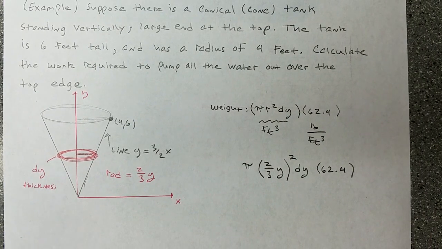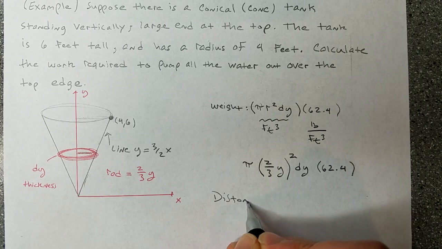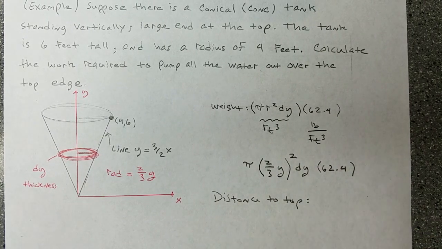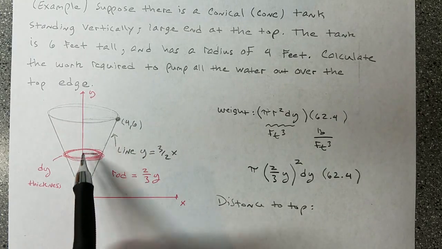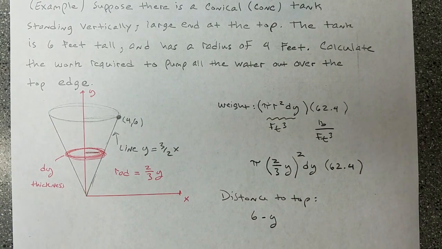Okay? All right, so there's my weight, and then my distance to the top. That's going to be 6, where the top is on the y-axis, minus y. 6 minus y.